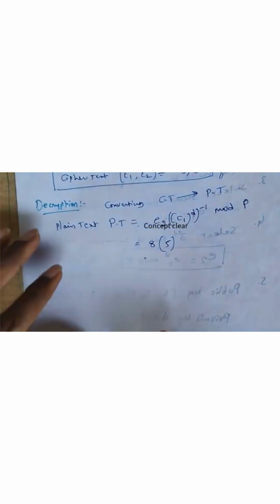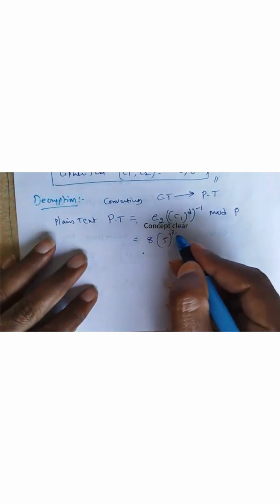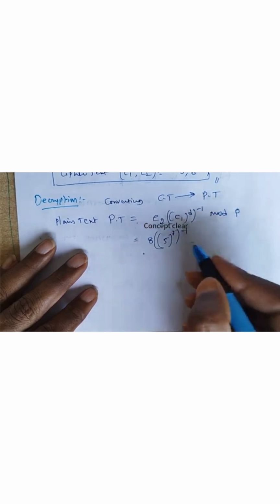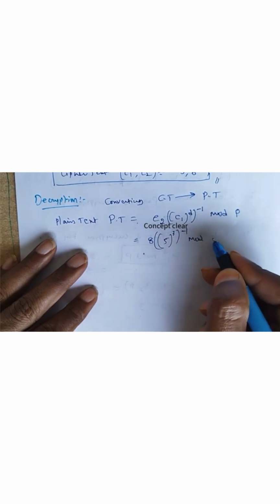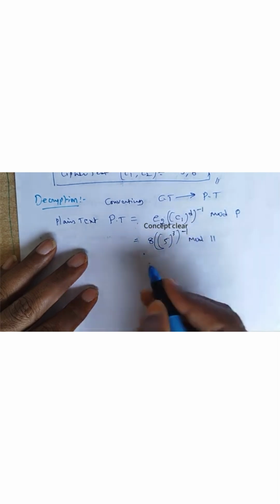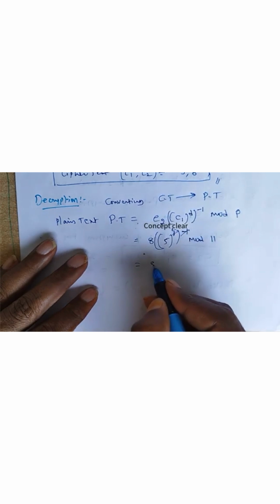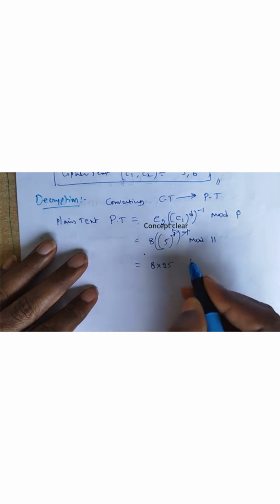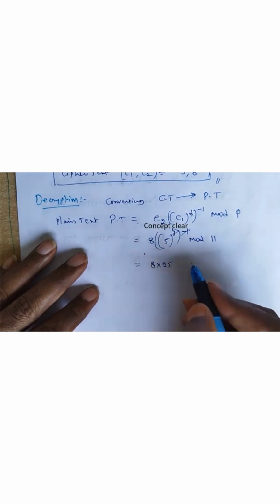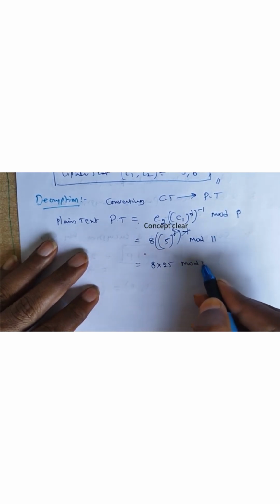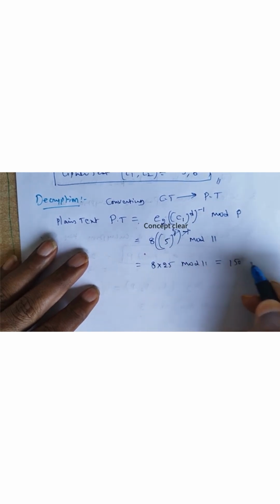Check here, the D value is 3. So power 3, whole inverse mod 11. If you calculate this, 8 into 25 mod 11, so 150 mod 11 equals 7.